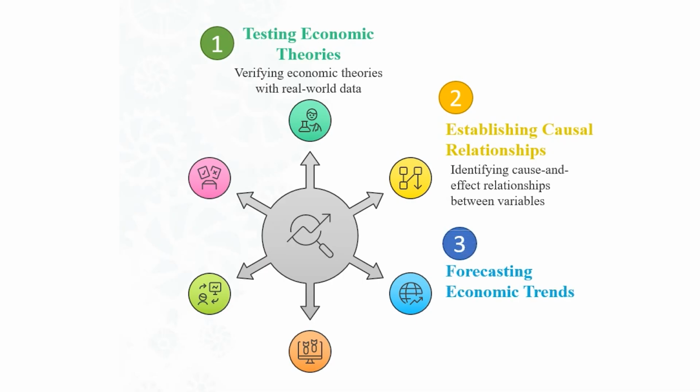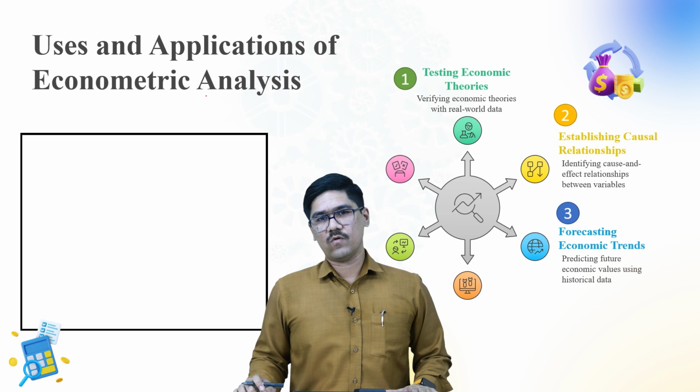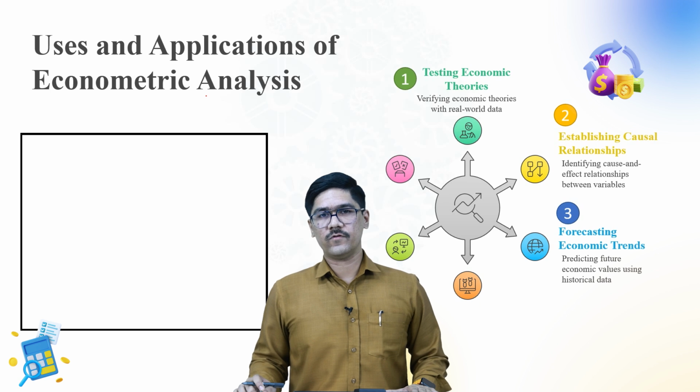Moving on to the third usage of econometrics, that is forecasting economic trends. Econometrics studies the historical data of the past and tries to predict what could possibly happen in the future. So, it helps us to predict what can happen in the near future.